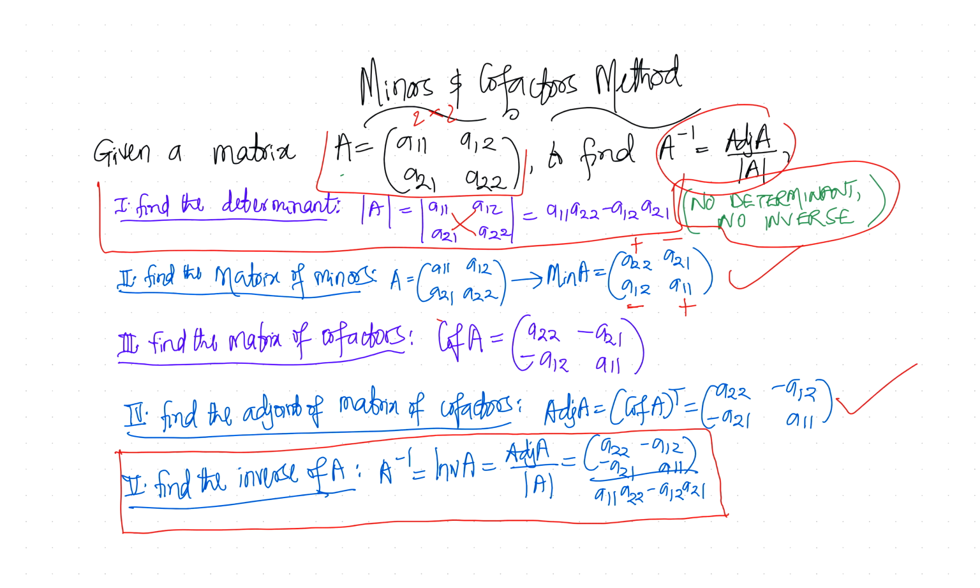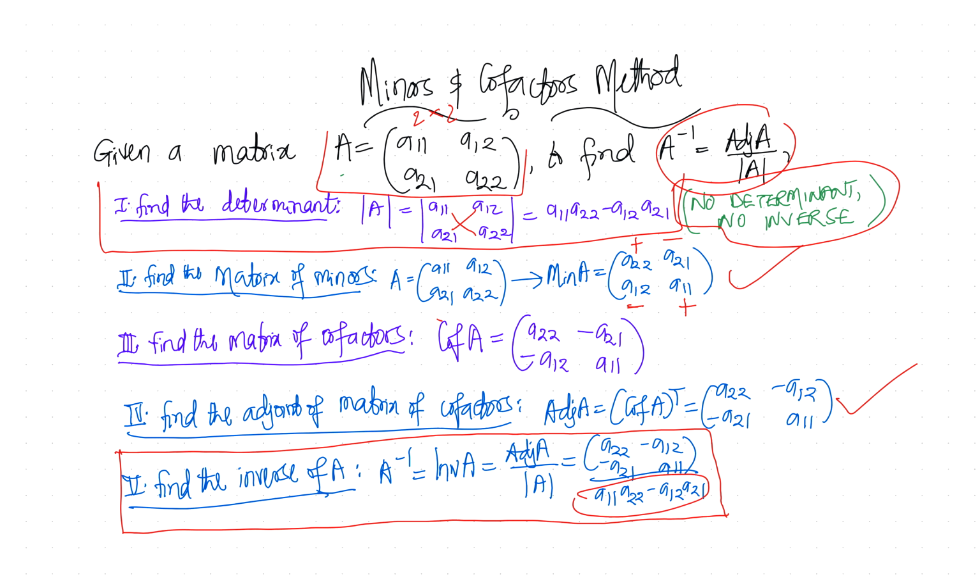The adjoint of A is A22, minus A12, minus A21, A11. That's what you have up there. And all that is divided by the determinant, A11 A22 minus A12 A21.